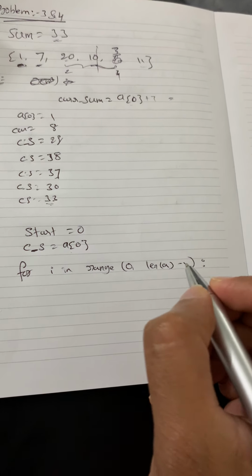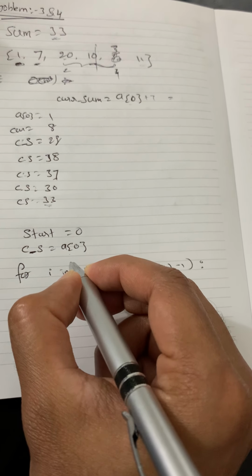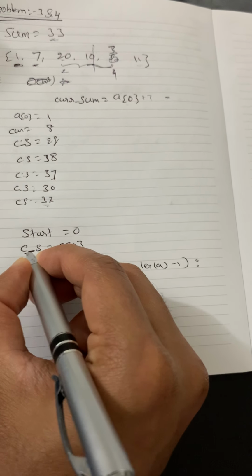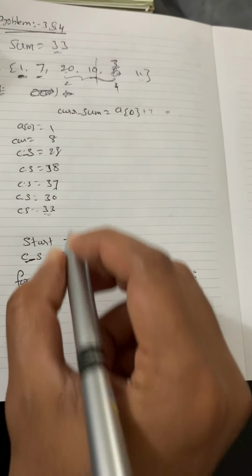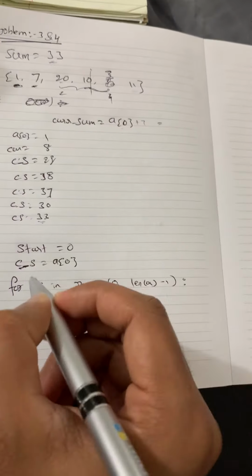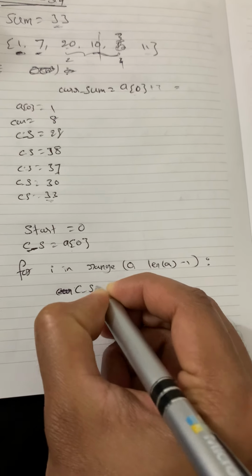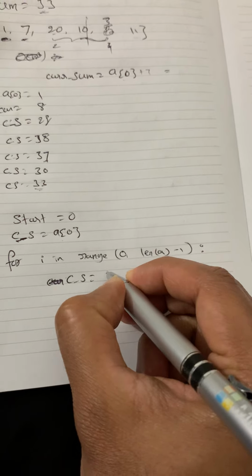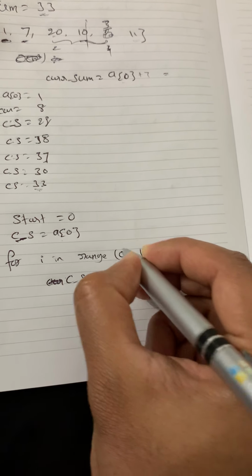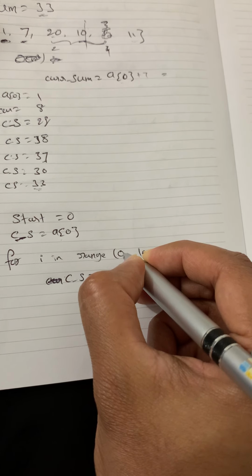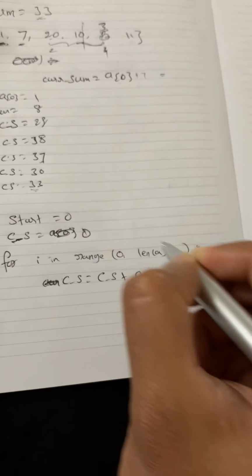So now I will have to add each element to the current sum. So current sum equals current sum plus, we should keep it 0.